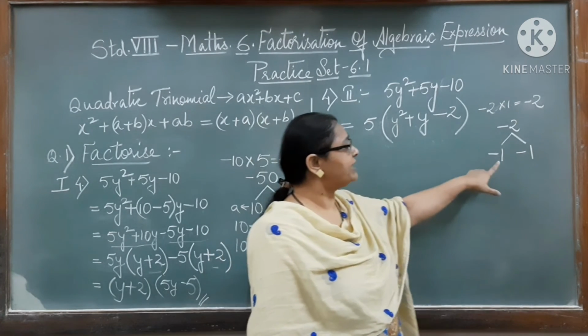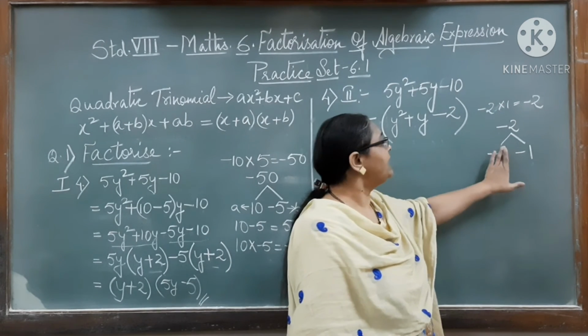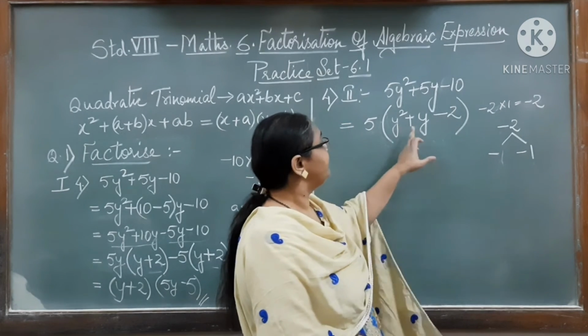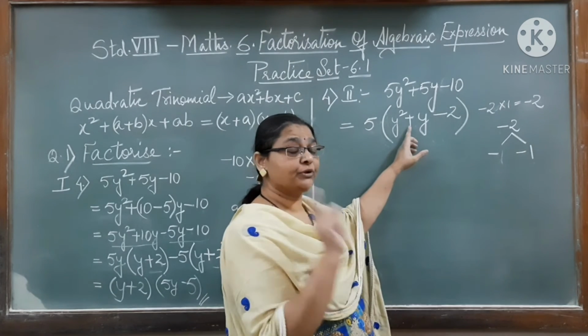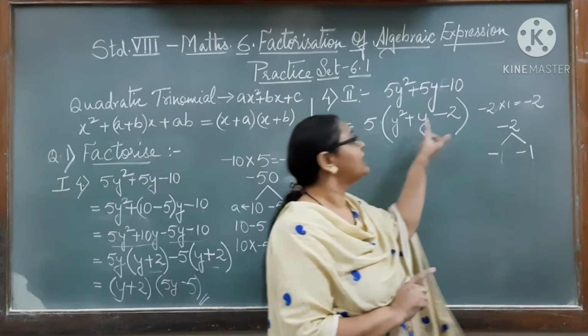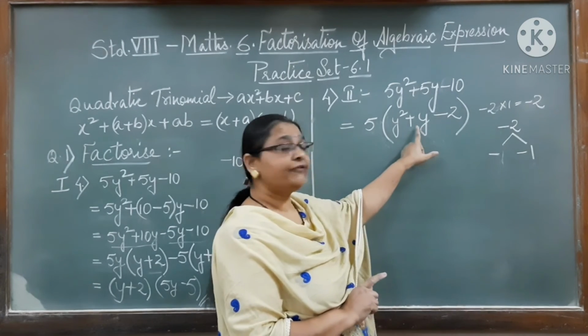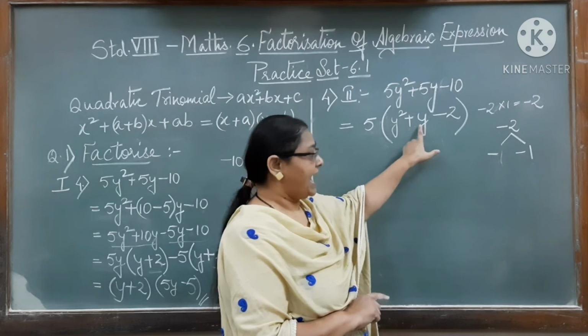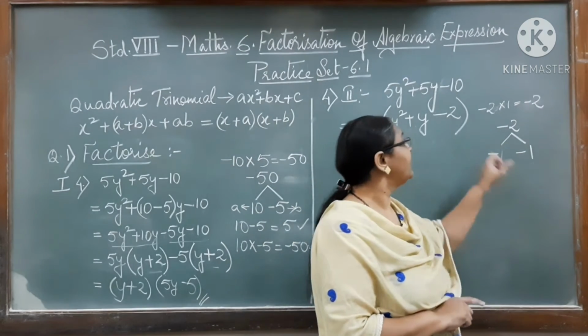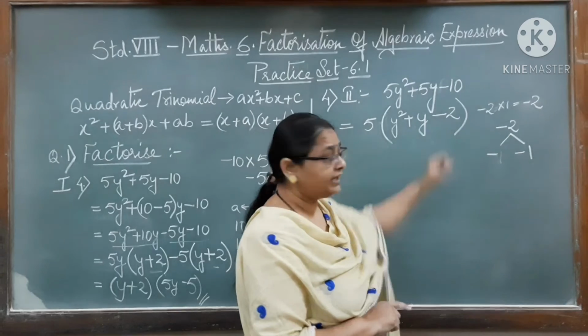Can I use this minus 1? No. I need to use a different factor because the factors should be such that the sum of the factors should be equal to the coefficient of the middle term. And when I multiply the factors, I should get the constant term, right?